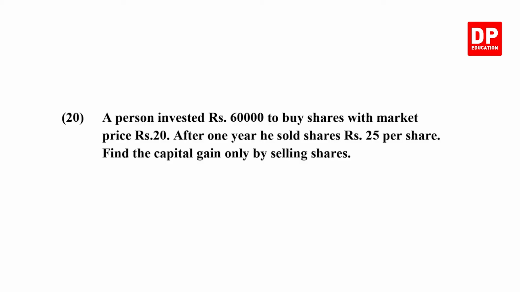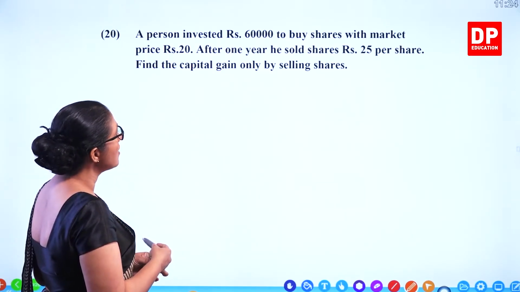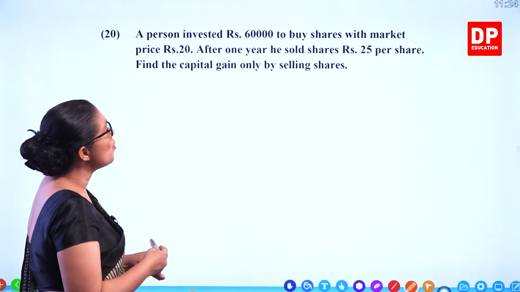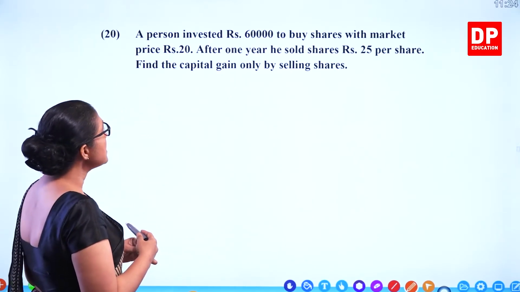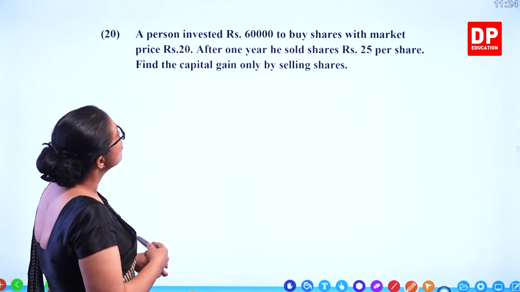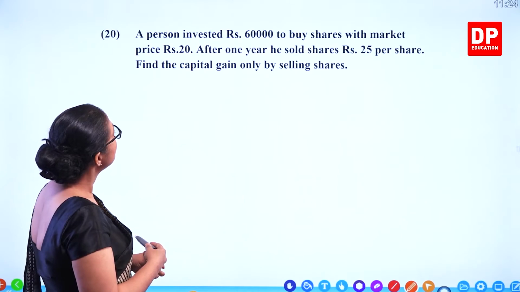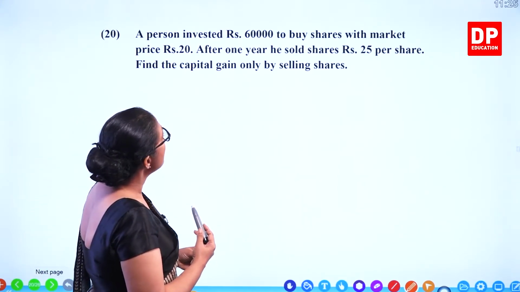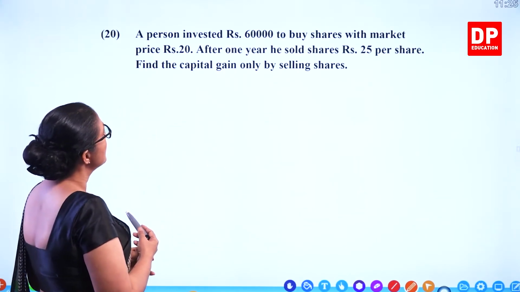Question number 20. A person invested 60,000 rupees to buy shares with a market price of 20 rupees. After 1 year, he sold shares at 25 rupees per share. Find the capital gain only by selling shares. So what is the capital gain? 60,000 invested with the market price 20 rupees.